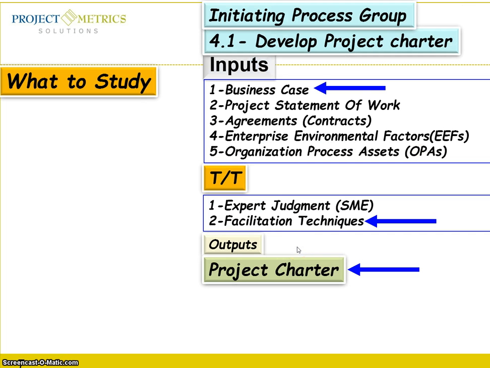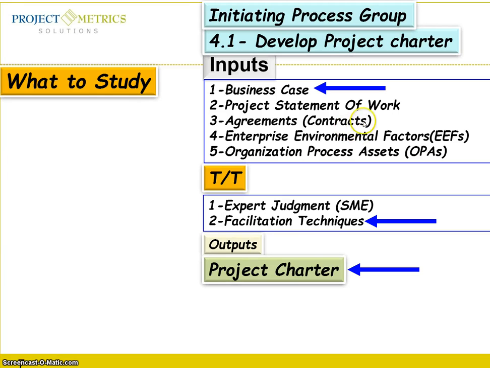Now, what are the outputs, how do we get the project charter, what are the inputs? You see here the business case, which is an input when you develop the project charter. The business case is about the justification of your project, and the project statement of work is about the deliverable, and the agreements or contracts, coming from outsourcing or from inside your company.